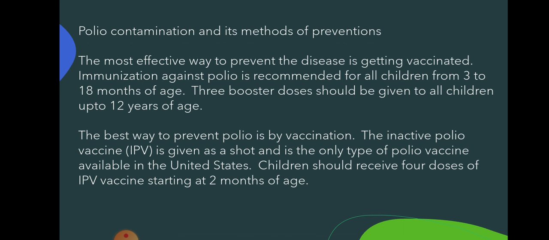The inactive polio vaccine, IPV, is given as a shot and is the only type of polio vaccine available in the United States. Children should receive 4 doses of IPV starting at 2 months of age. Isn't it, children? Polio vaccine is also given in the form of oral drops, which prevents polio in children.